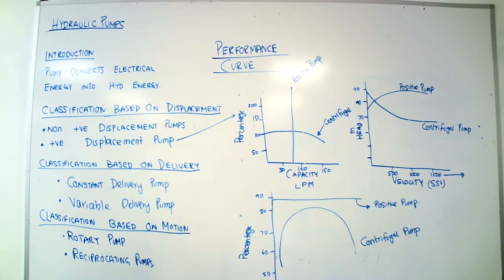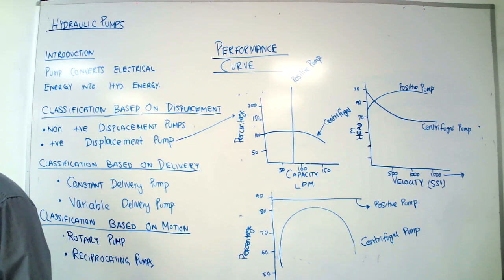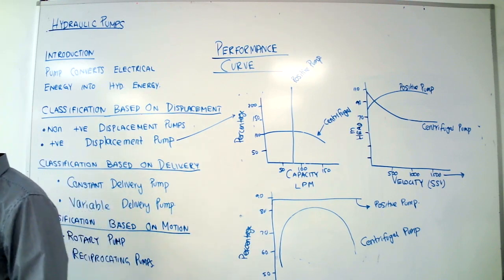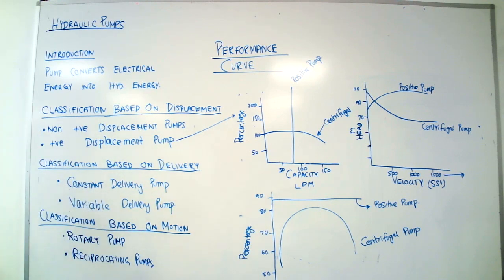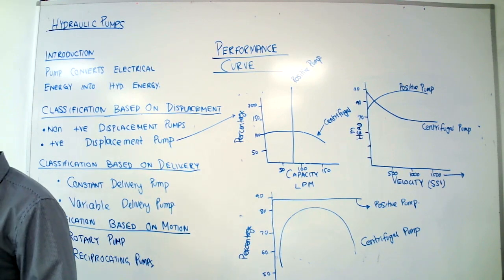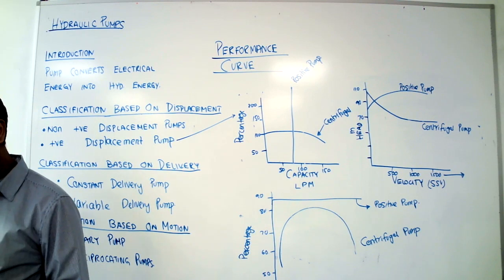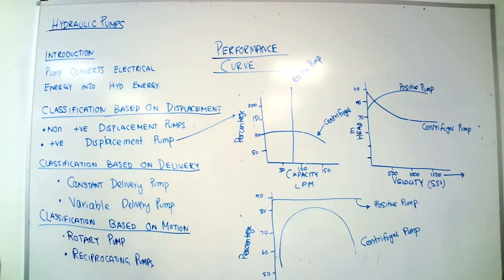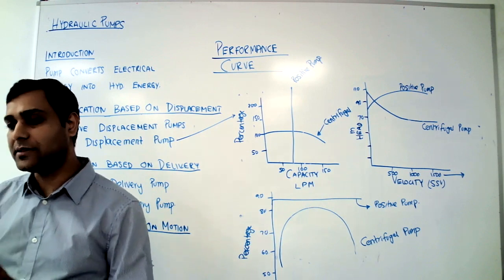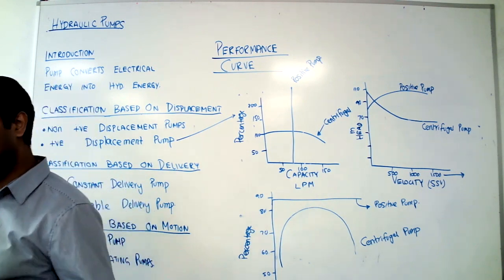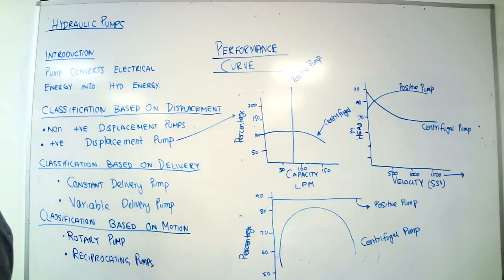Now then there are gear pumps. Gear pumps are the pumps that are less expensive, but they are limited to 140 bar pressure. The gear pumps are noisy to operate. And they transfer the same amount of the fluid for every RPM, for same rotation.